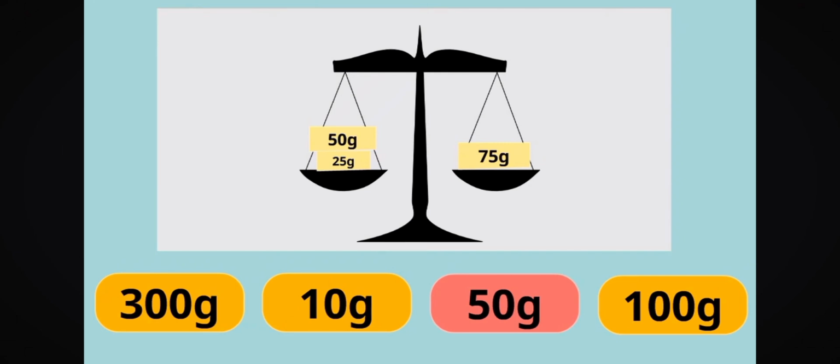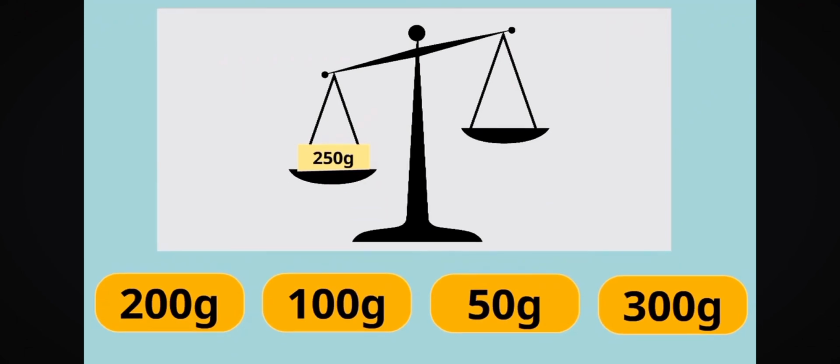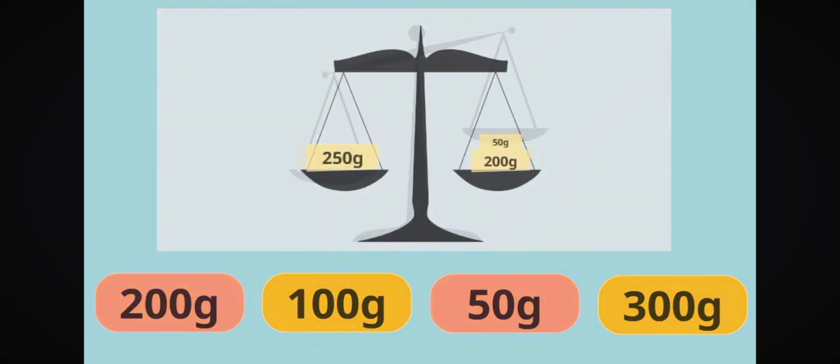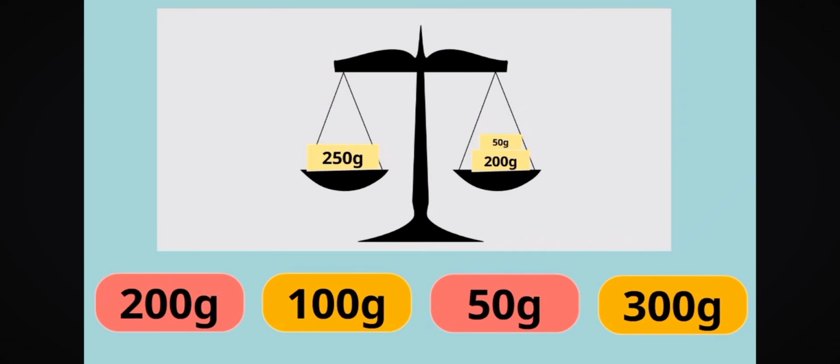So we've got 250 on one side and nothing on the other side. Which two weights would we need to add to the other side to make it equal? Well, the two weights we would need are the 200-gram weight and the 50-gram weight. That will make the two sides equal.